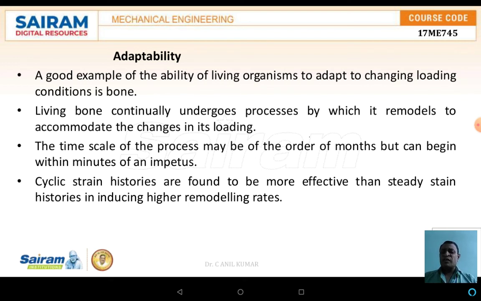See, this is one best example of adaptability and of the marvelous principles implemented in the loading condition of the bone.